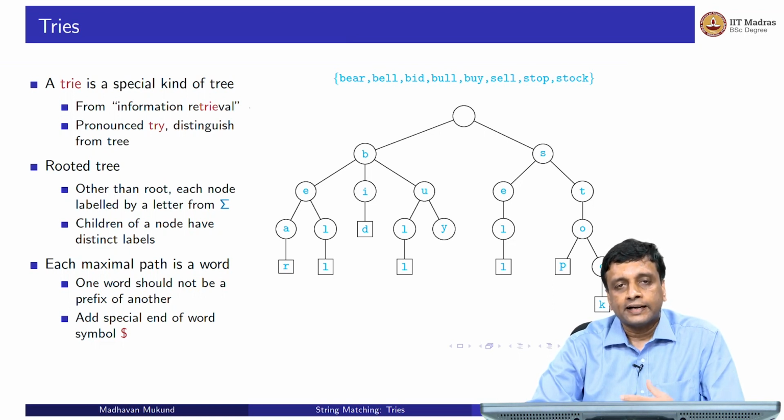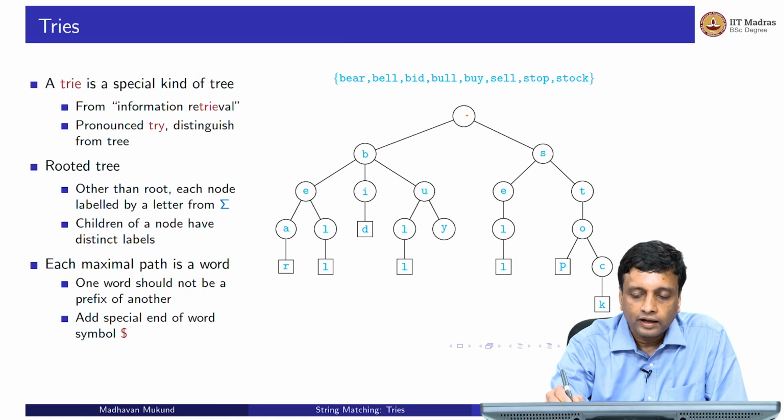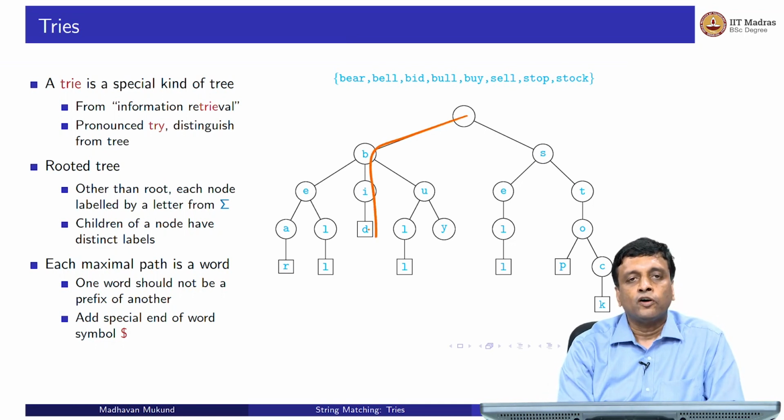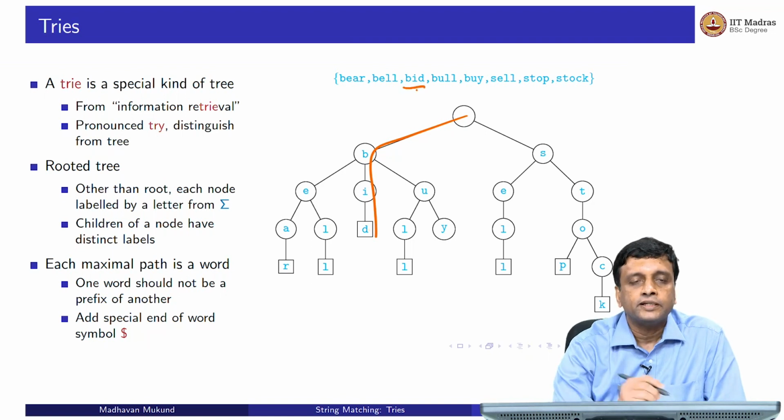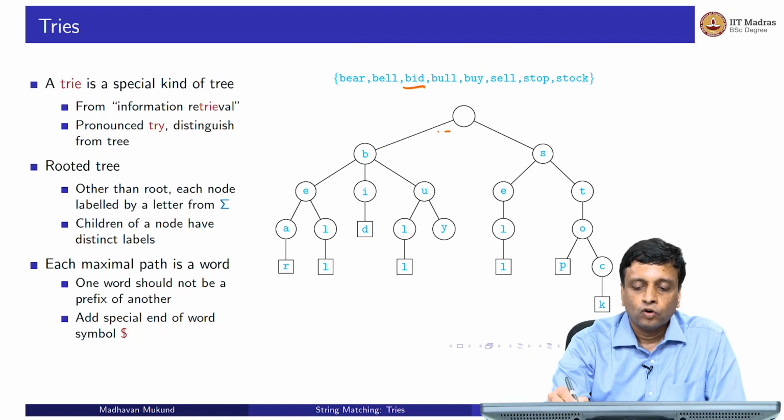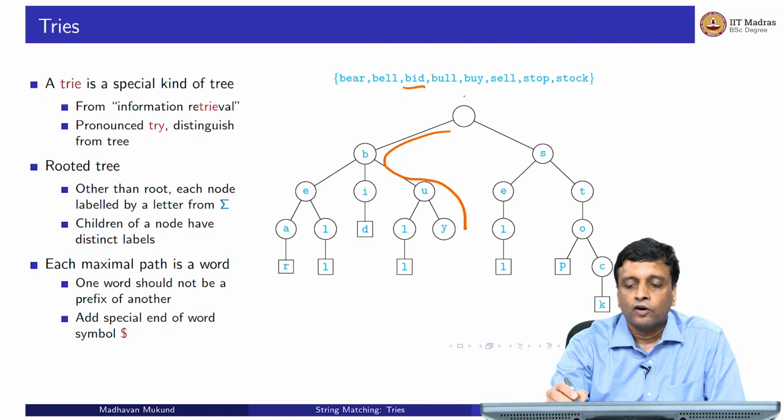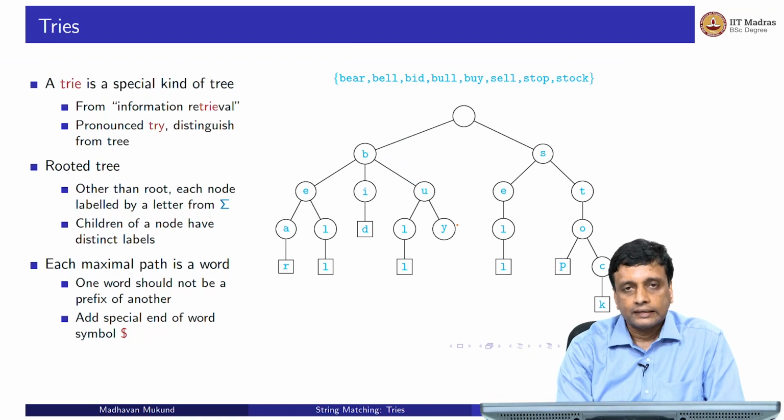So what we have is a kind of clever organization of these words in this tree form, so that if you walk down and follow any path, so for instance if you follow this middle path, then you read off the word bid, which is one of the words in your dictionary. Okay. If you follow this path, then you read off the word buy, which is also a word in your dictionary. So every maximal path in our trie denotes a word in the dictionary.